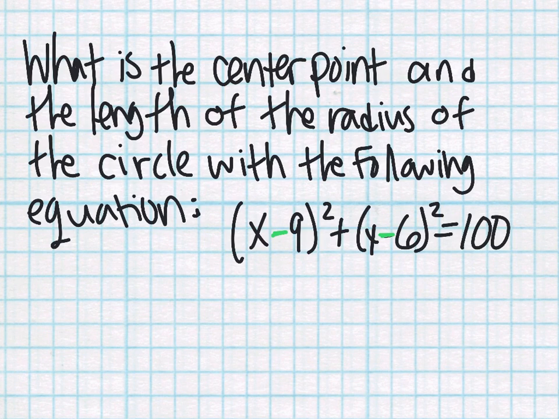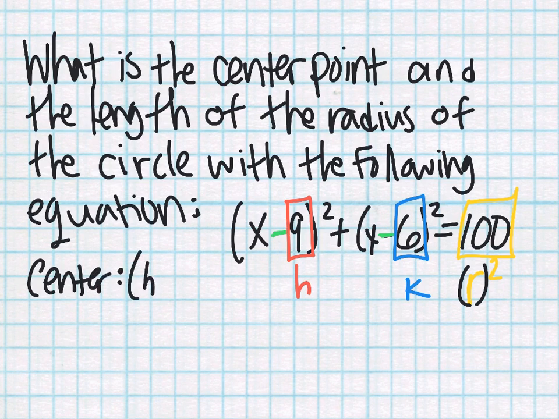So I just look and I think, okay, this number right here has to be my h. This is my k. Now this is r squared. It's not r, it's r squared. So to find r, I'm going to have to do a little bit of math. So I can take the first two pieces of information and find my center.